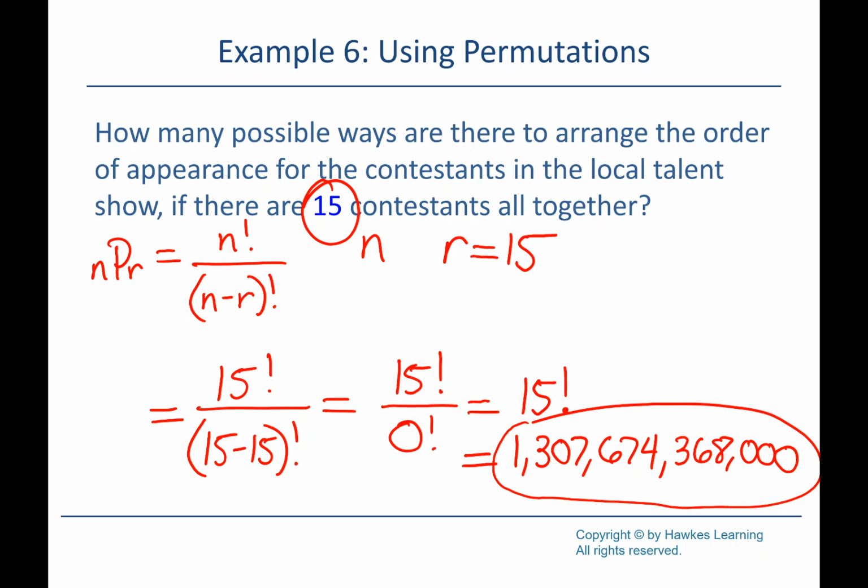Is that not mind-blowing? You've got 15 people. How many different orders can you put them in? Over 1 trillion?